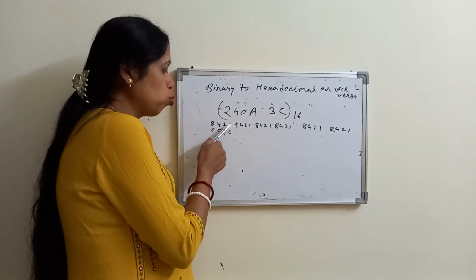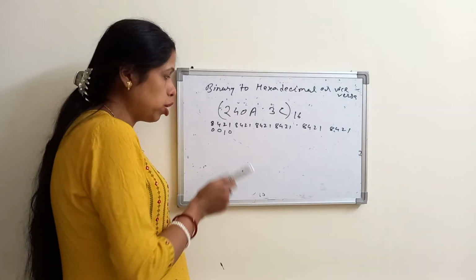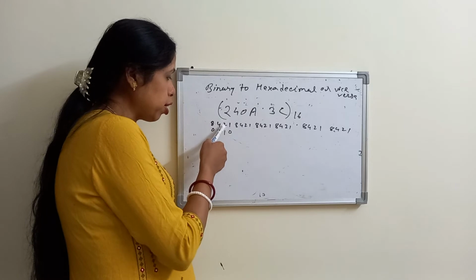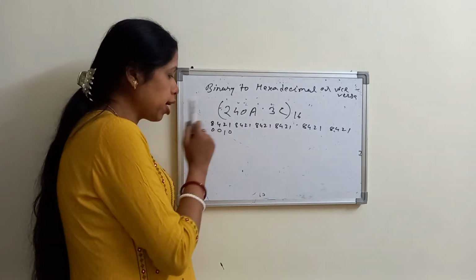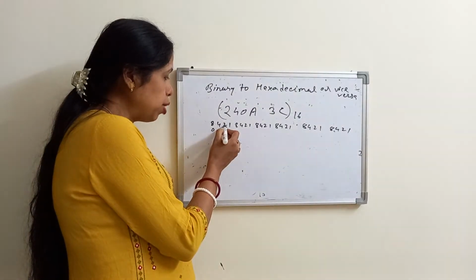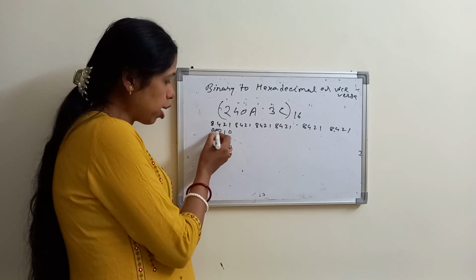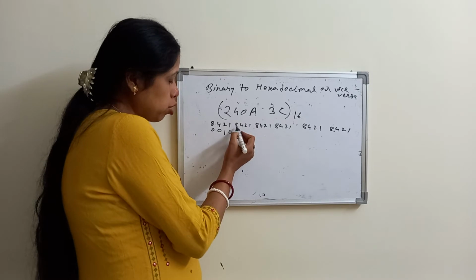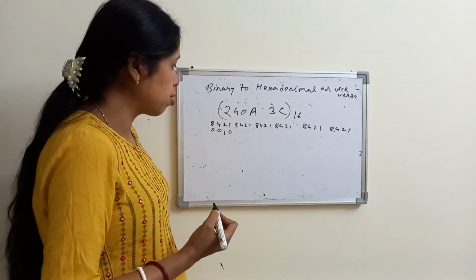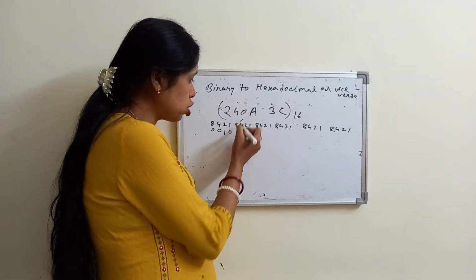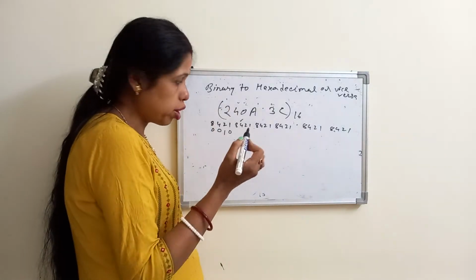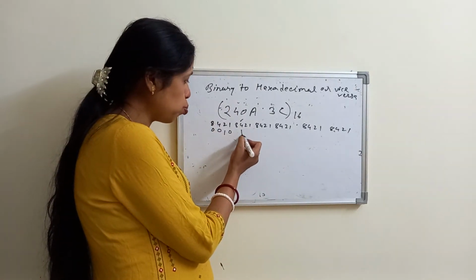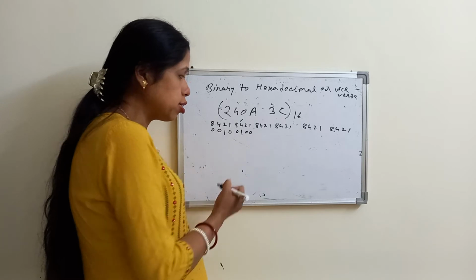For 4, from 8421 how will we get 4? If you choose only this 4, you can get 4. So below this 4 I put 1 and in other places 0.